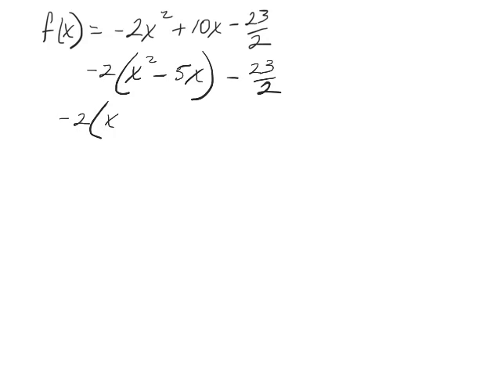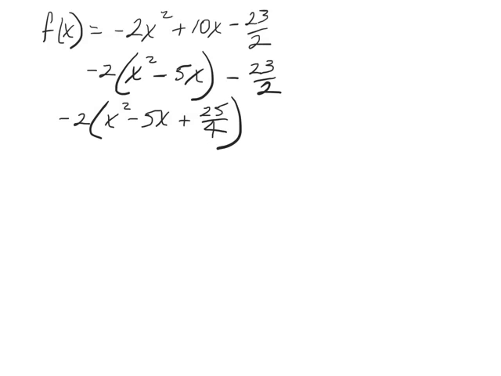So I'm going to have x squared minus 5x. Half of 5x is 5 halves. Square that, and we have 25 over 4 there. And again, notice that we added 25 over 4 times -2. So really we added -50 over 4.